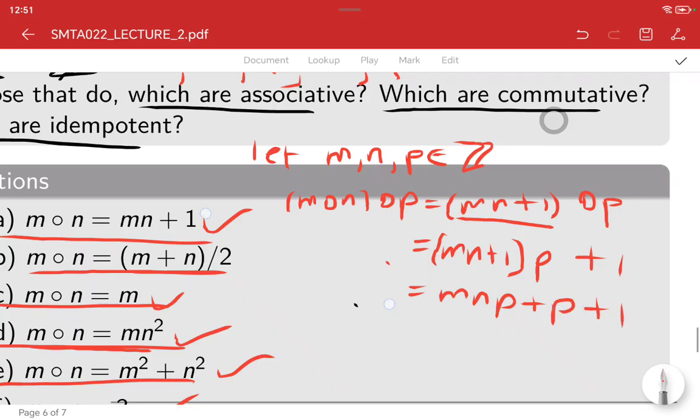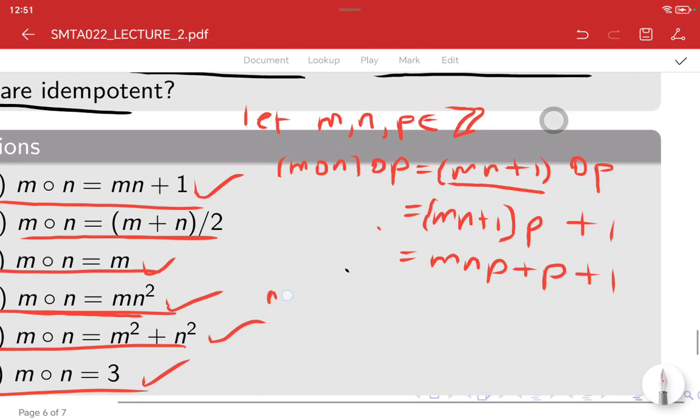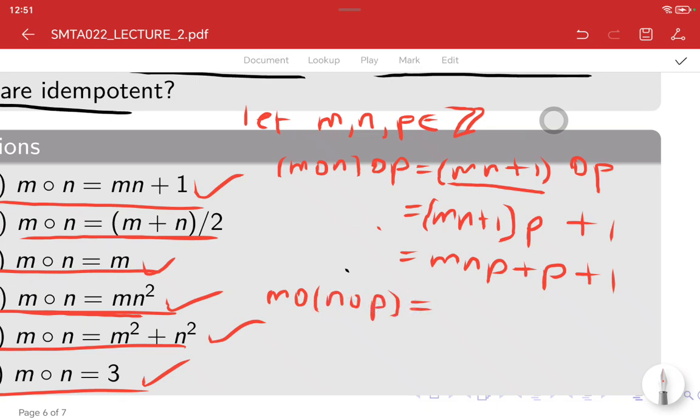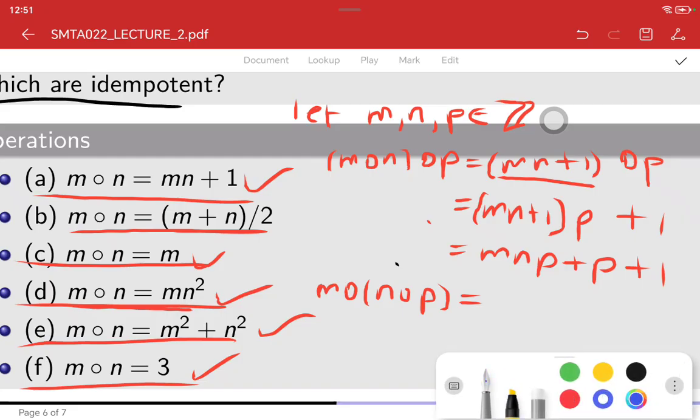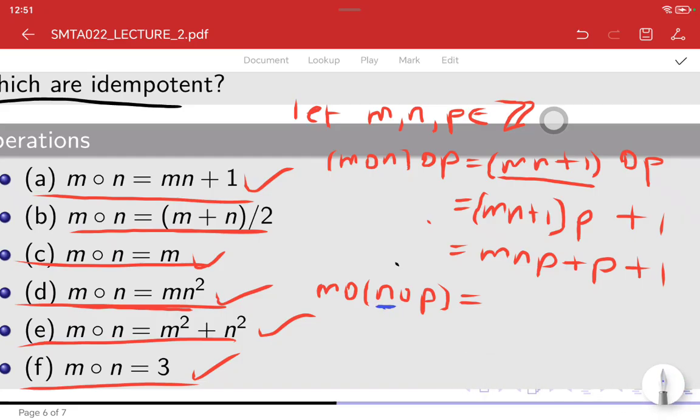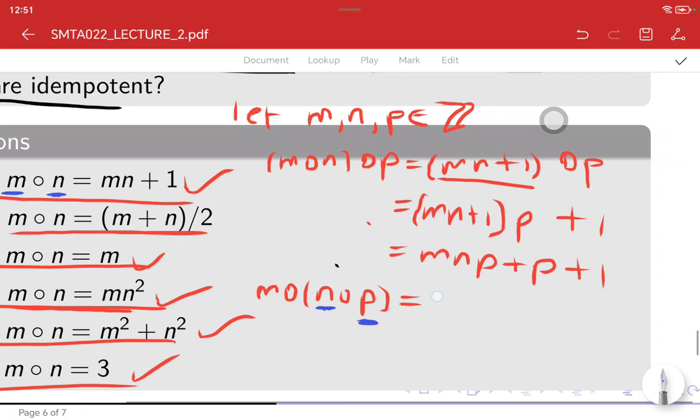Now let's check the right hand side. Inside is M O N O P. Let's check. Now according to this definition, I remember we always start with the inside of the bracket. According to this definition, N is represented by M. That is the one that comes first. Then P is represented by N. It means that where I see M, I plug N. So I'm going to have N here. Then on N, I have P. And that is plus 1.